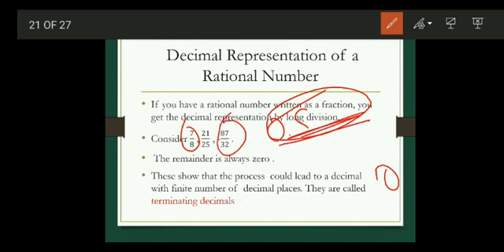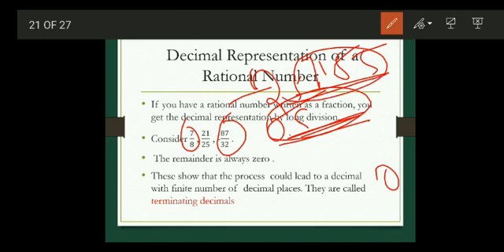When you take minus 87 by 32, you got minus 2.71875, with a finite number of decimal places and remainder 0. Such decimals are called terminating decimals. That is, the decimal places will stop, and you will always get remainder 0.